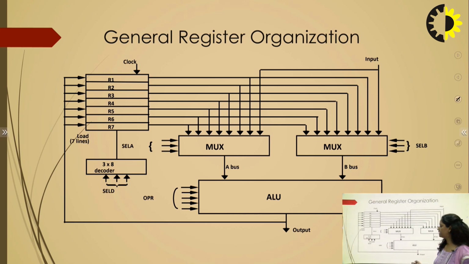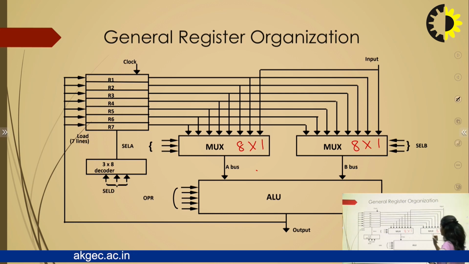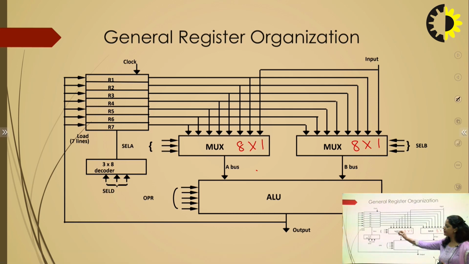As we can see here, we have 7 general purpose registers which act as the source as well as the destination registers. We have 2 multiplexers over here of 8:1. That is 8 into 1, meaning each multiplexer has 8 inputs and 1 output with 3 selection lines. Why only 3 selection lines?